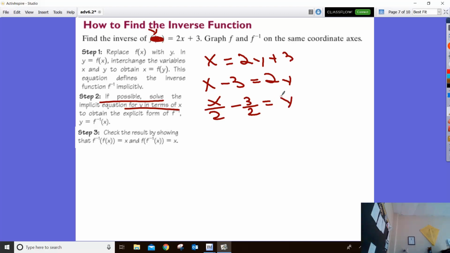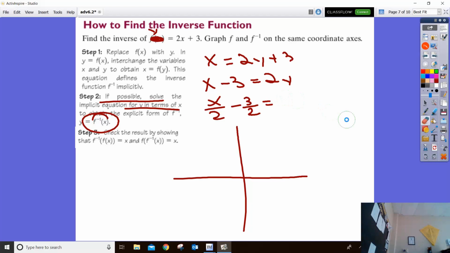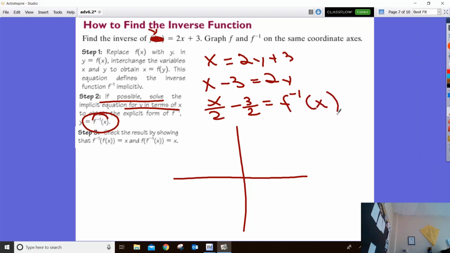Now they want us to graph the original function and its inverse on the same plane. Oh, one other thing. That saying y doesn't tell you it's an inverse, does it? You say it's an inverse by using that notation right there. f inverse of x, or the inverse of f of x.